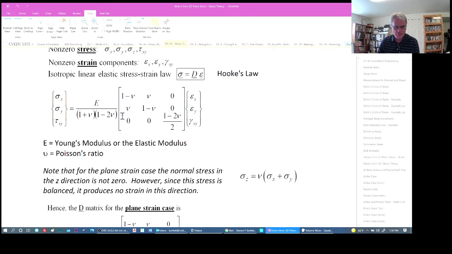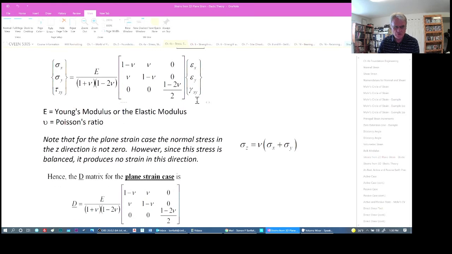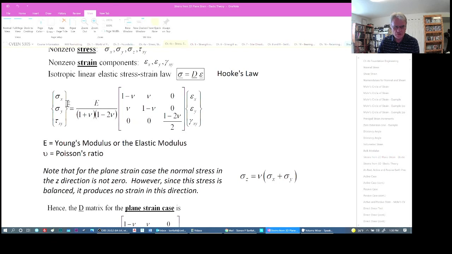And then we have this matrix expressing Hooke's law, where we want to know the terms on the diagonals, and these two terms here are Poisson's law. These others are zero, and these stresses are equal to this times this, or these strains are equal to this divided by this.